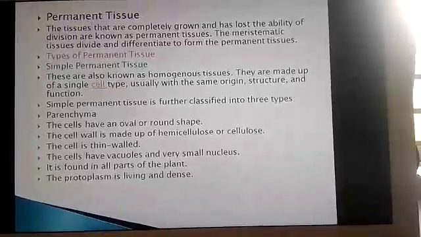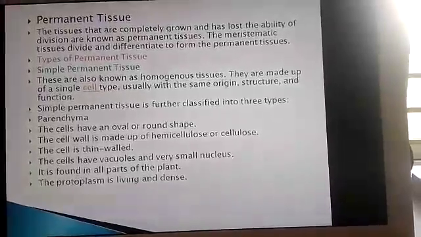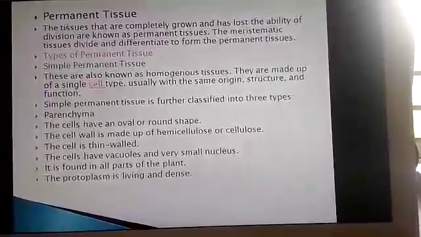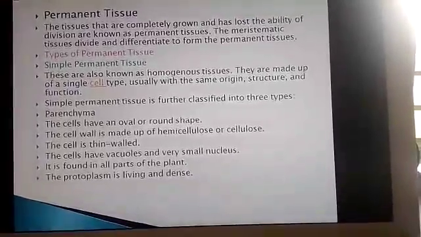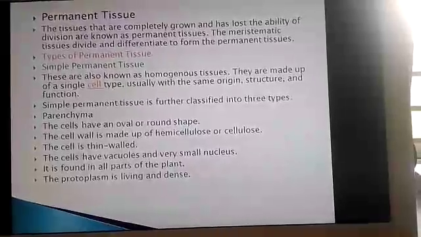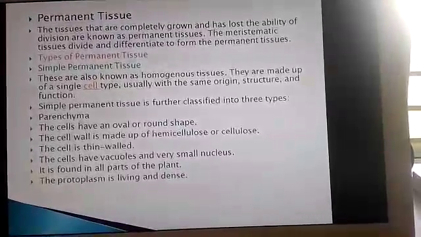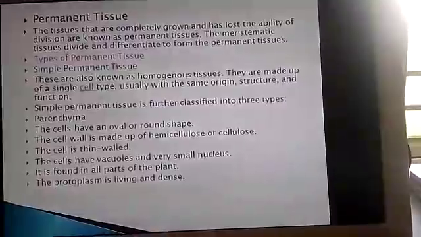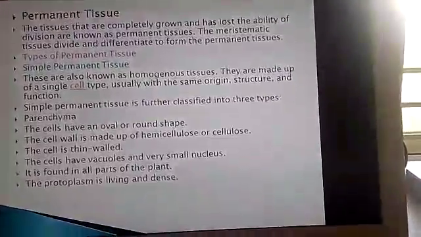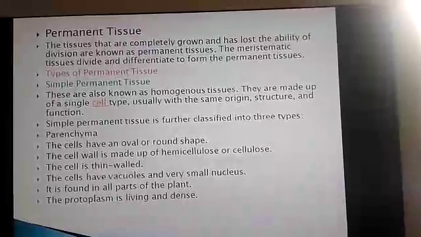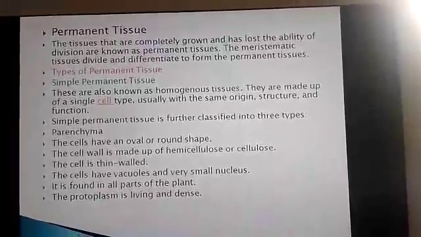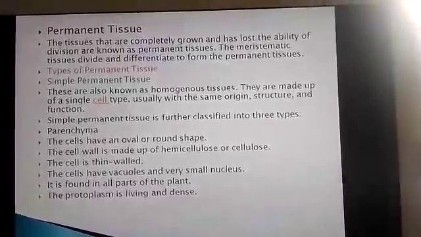The tissues that are completely grown and have lost the ability of division are known as permanent tissues. In meristematic tissue the cells divide, but in permanent tissue the cells do not divide.